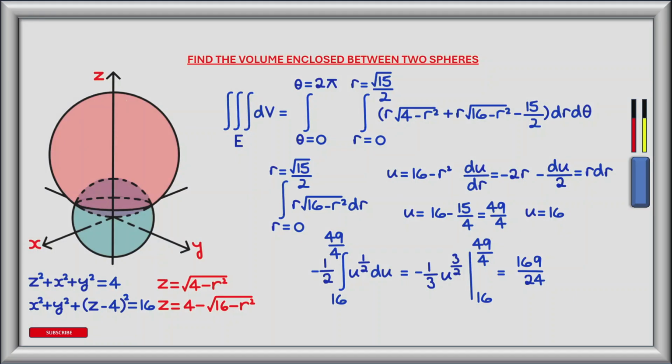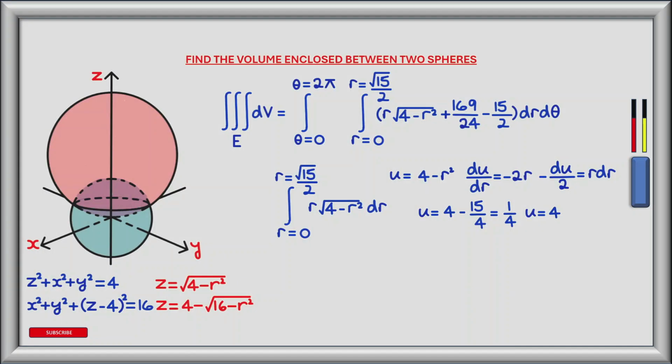So now if we make the substitution and add the new limits, we have minus 1/2 multiplied by the integral from 16 to 49 divided by 4 of u to the power of 1/2 du. And using the power rule to evaluate this, we're left with minus 1/3 multiplied by u to the power of 3 over 2. And if we plug in the limits of integration, we get a final answer of 169 over 24.